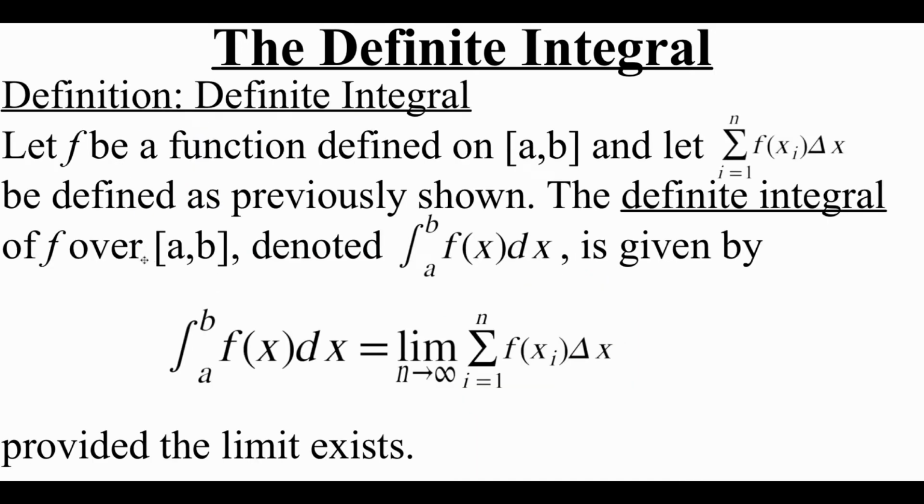So defining what a definite integral actually is: we're going to let our function f be a function that's defined on the interval from a to b, and we're going to let that Riemann sum be defined like we just talked about. The definite integral of our function over the interval from a to b, shown as this little squiggly line with our b value, the end of the interval, on top, and our a value, the start of the interval, on bottom, of our function f of x dx, is defined as the limit of that Riemann sum as n approaches infinity, provided that the limit actually exists.